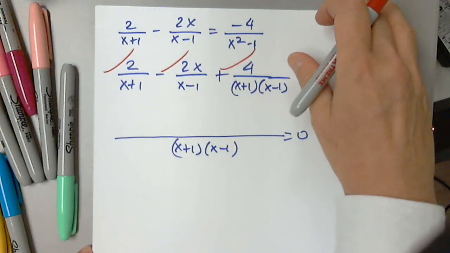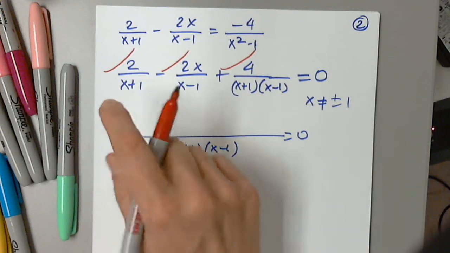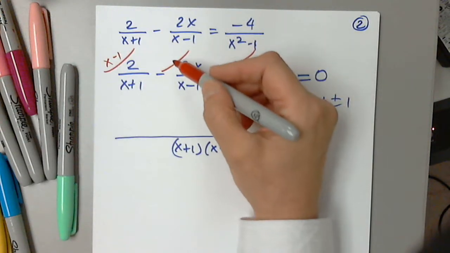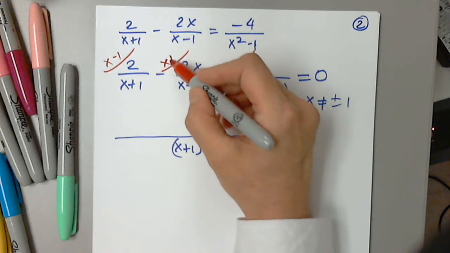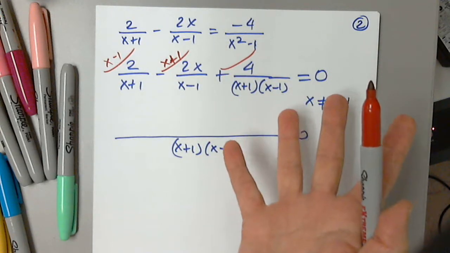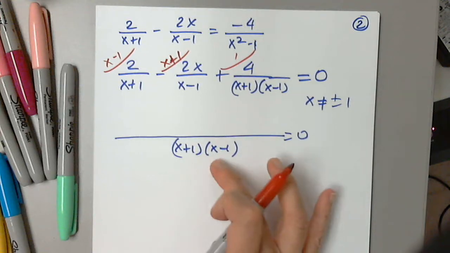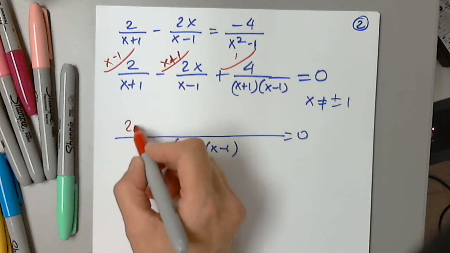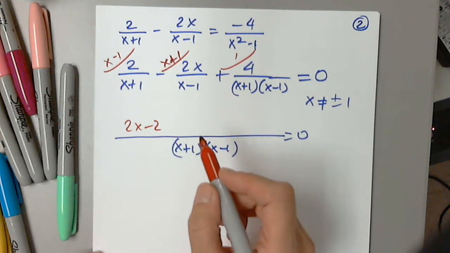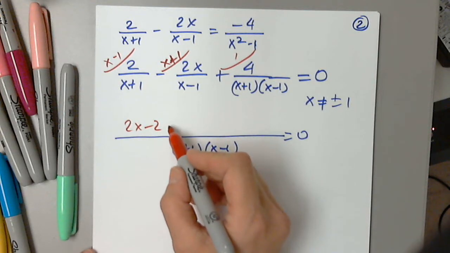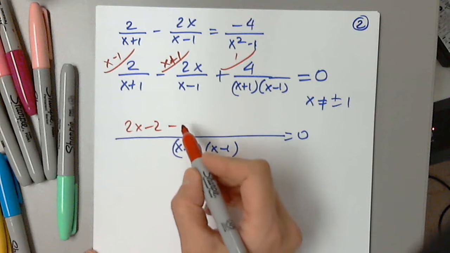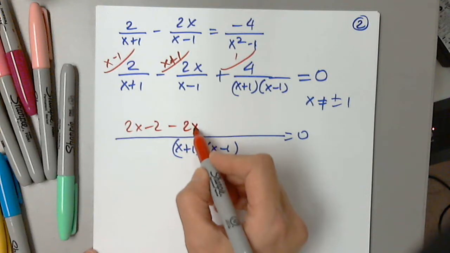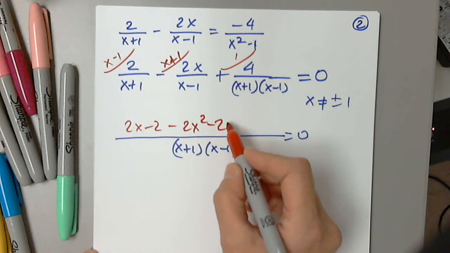What do we multiply the top of the first fraction by? For the second one. Excellent. And for the last one, you can leave it blank or just say 1 because they are the same. And now the numerator. 2x minus 2. Next. Minus 2x squared, minus 2. Good?